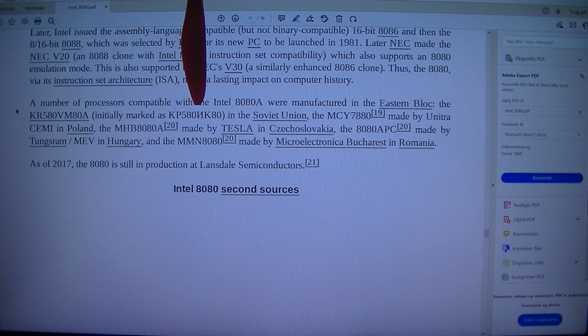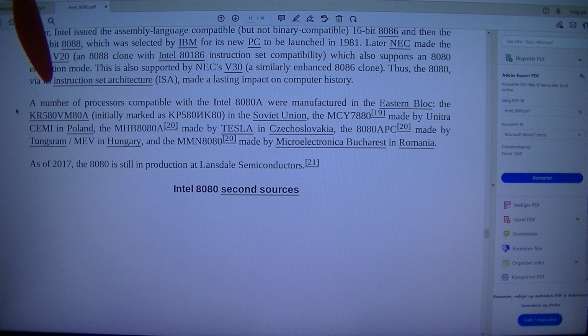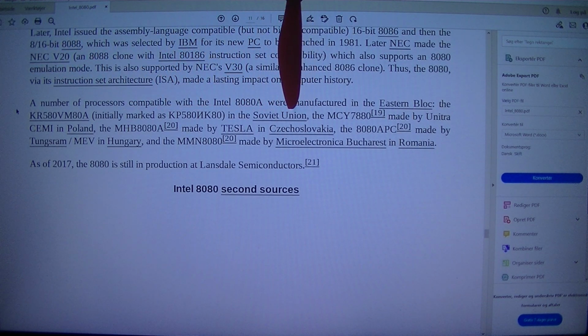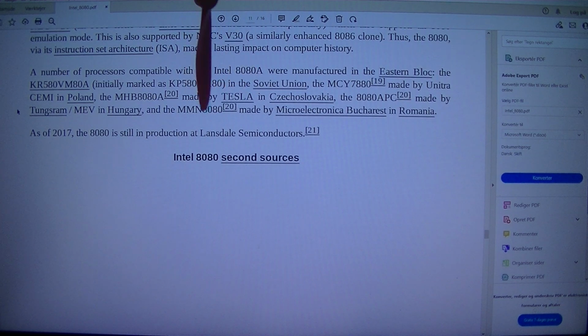A number of processors compatible with the Intel 8080 were manufactured in the Eastern Bloc. The KR580VM80A, initially marked as KP580IK80, in the Soviet Union. The MCY7880, made by Unitra CEMI in Poland. The MHB8080A, made by Tesla in Czechoslovakia.